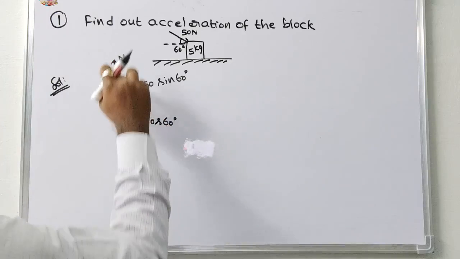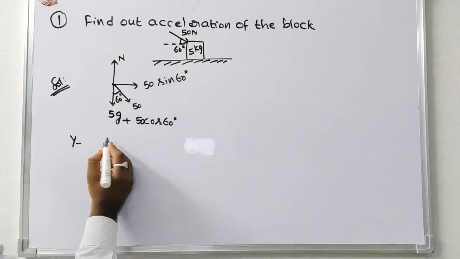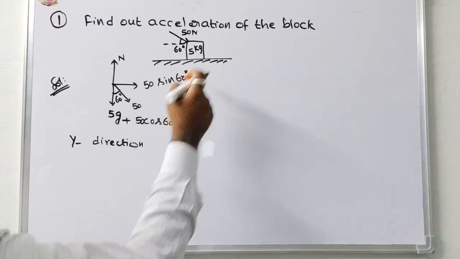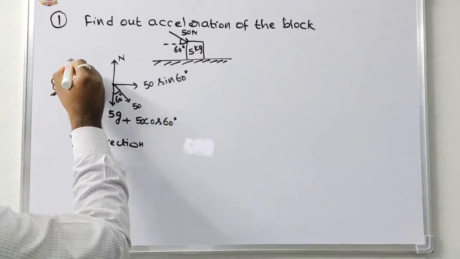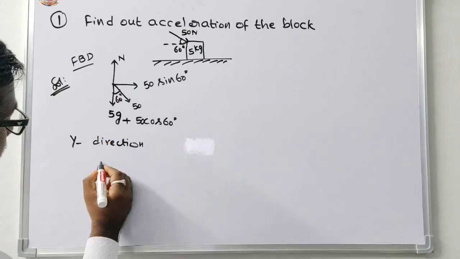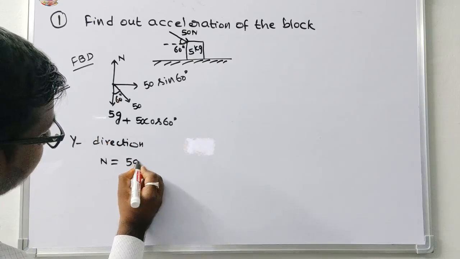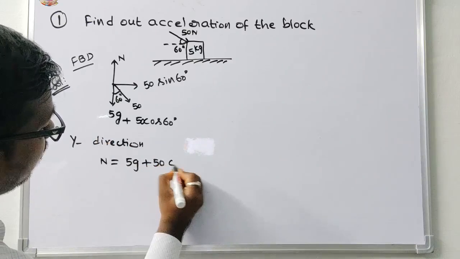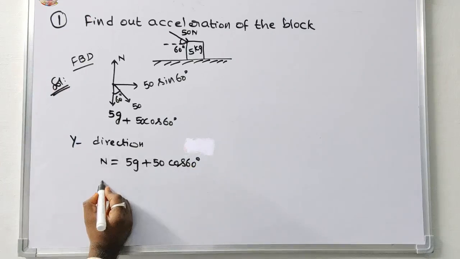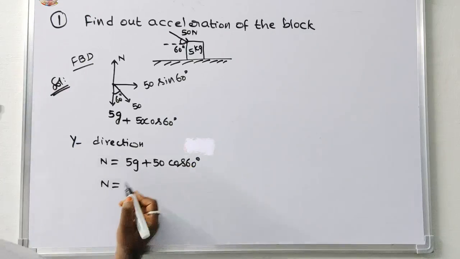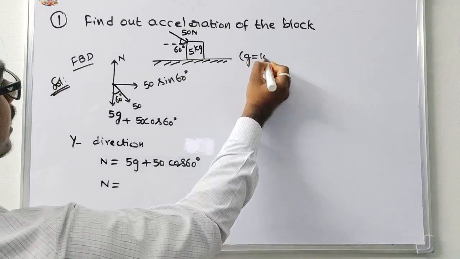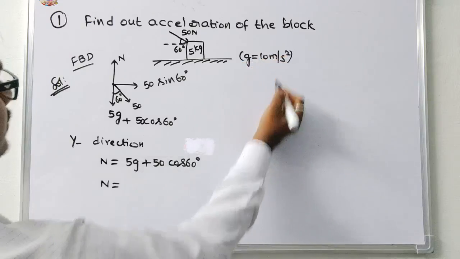First take the y direction. The normal force and the gravitational force act in opposite directions. N is equal to 5g plus 50 cos 60 degrees. Take the g value as 10 meter per second square.